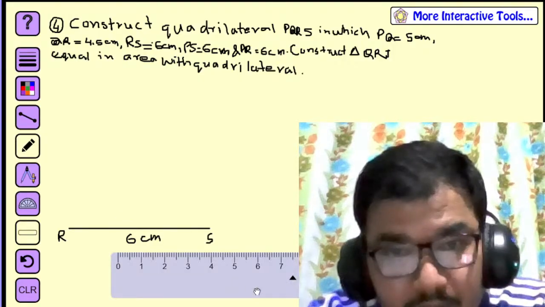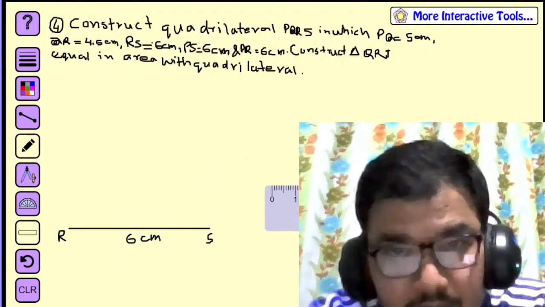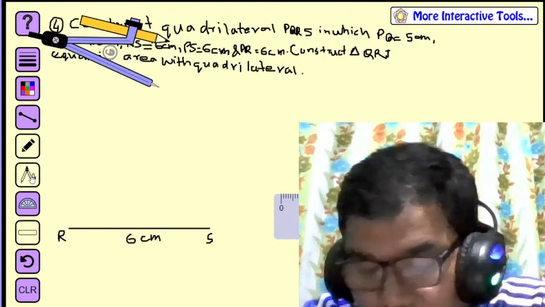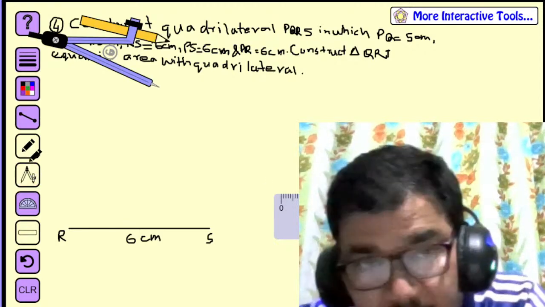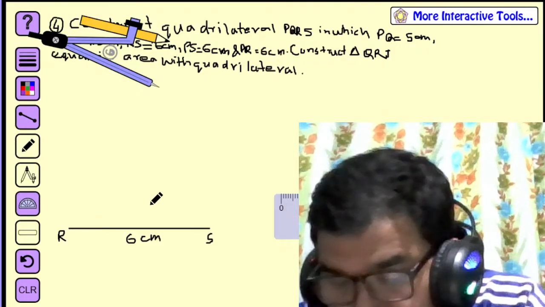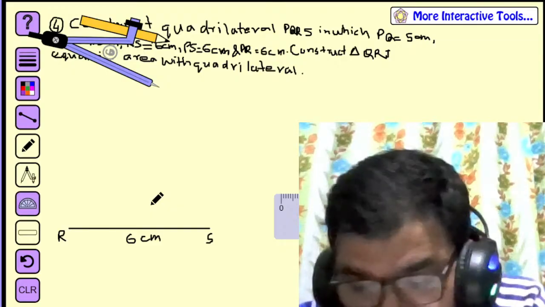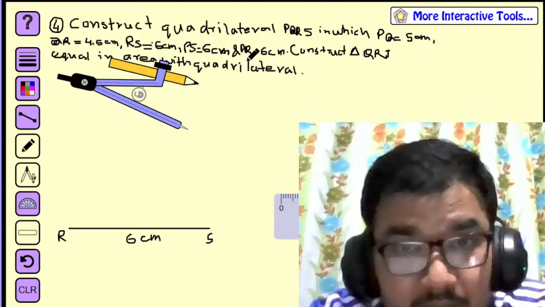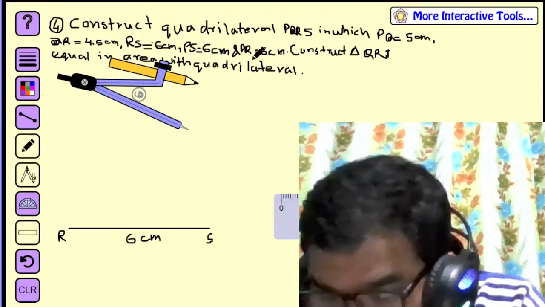And now put this ruler here up and this side, and then it will be easy to take. Now we need to draw, this is RS, then write PR. What is PR given the equation? We can see PR is here 6 centimeter.